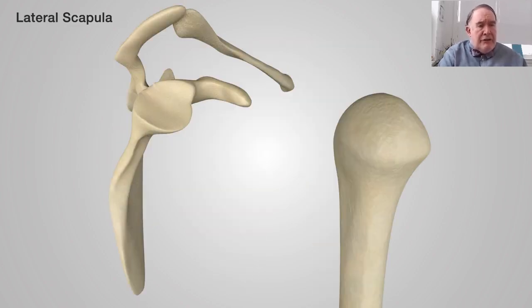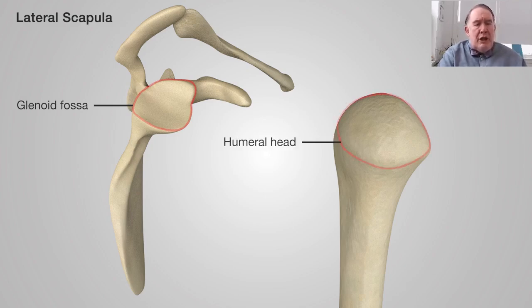This diagram emphasizes something interesting about the shoulder joint. We see the glenoid fossa, which I said is a shallow socket, and we see the humeral head, and we see how much larger that humeral head is than the glenoid fossa. And this has a tremendous advantage for us because it allows a great deal of movement of the shoulder joint.